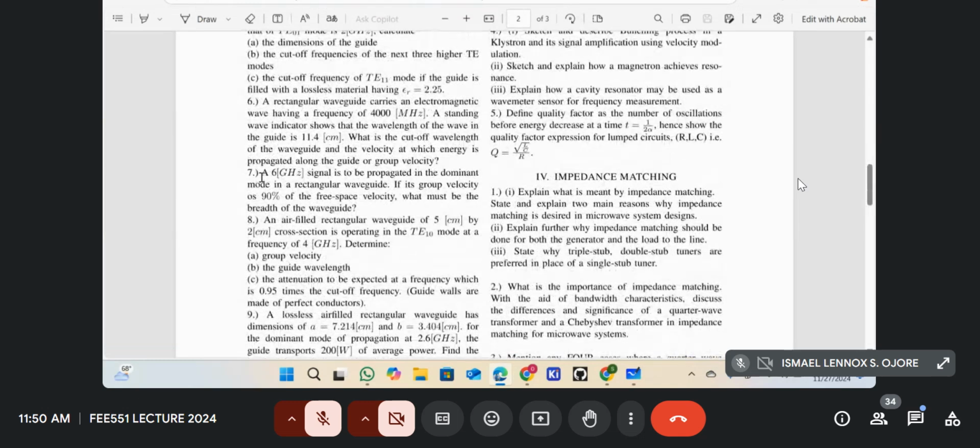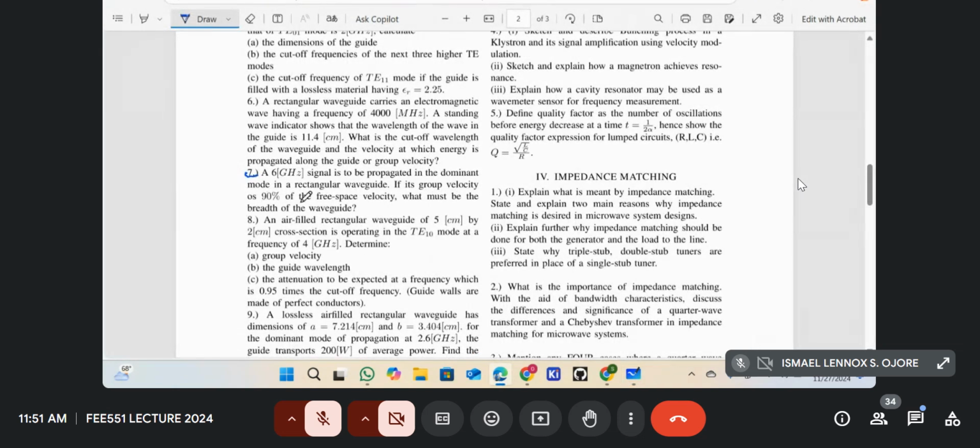Okay, question 7 says that a 6 gigahertz signal is to be propagated in the dominant mode in a rectangular waveguide if its group velocity is 90% of the free space velocity. What must be the breadth of the waveguide?